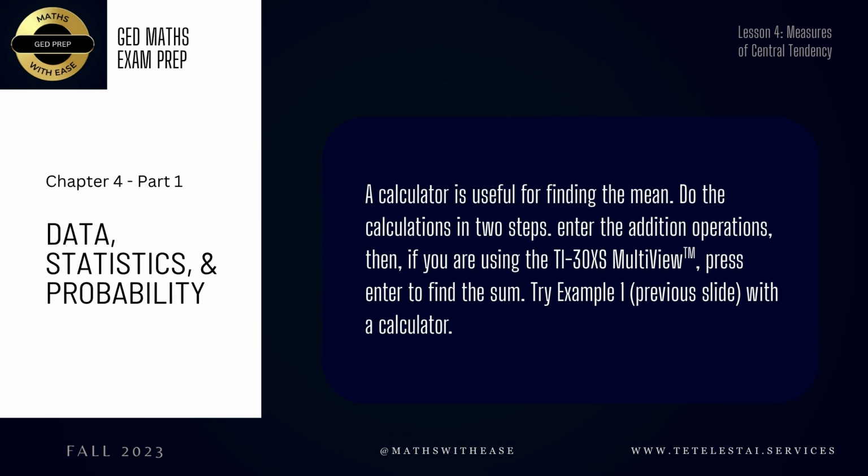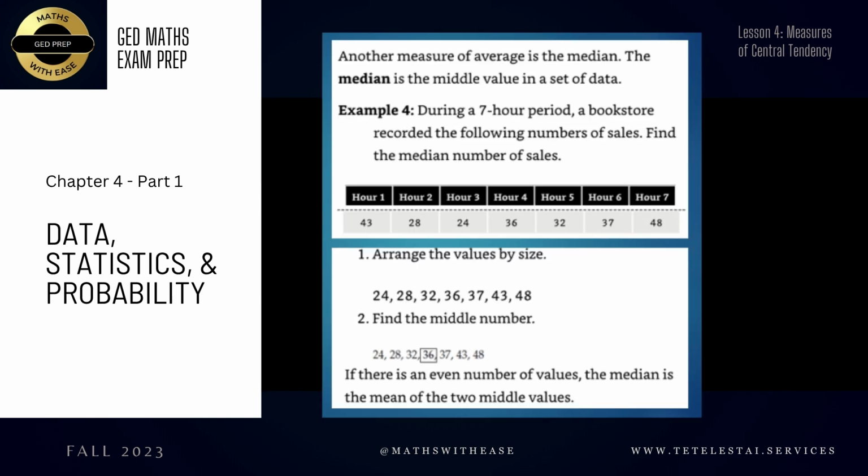So another measure of the average is the median. And the median is the middle value in a set of data. So in this particular example, we're being told that during a 7-hour period, a bookstore recorded the following number of sales.